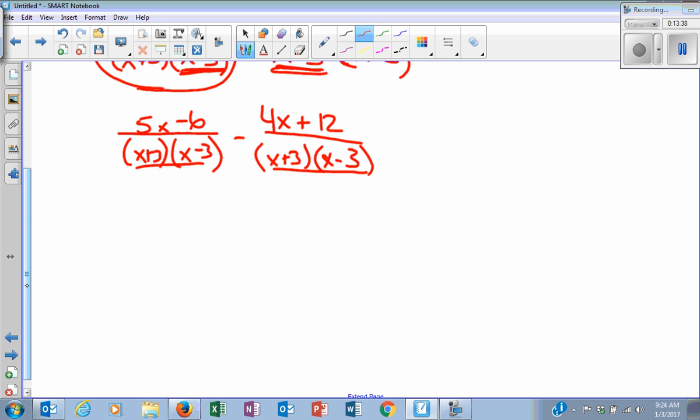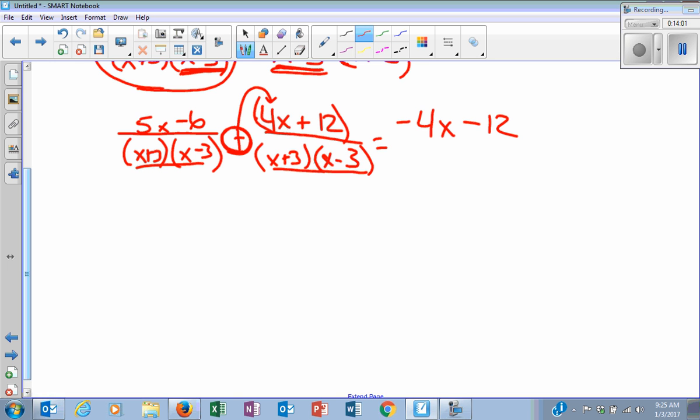So now I'm going to combine my terms. This is a subtraction sign, and this is in parentheses, so I have to distribute. If I was doing this problem, I would rewrite this top as a negative 4x and a negative 12, and then I'd change this to a plus sign.